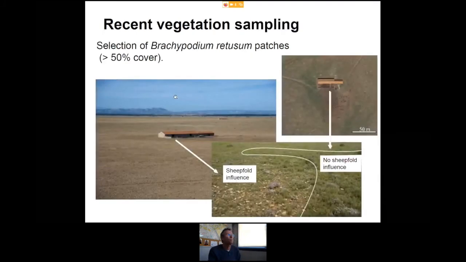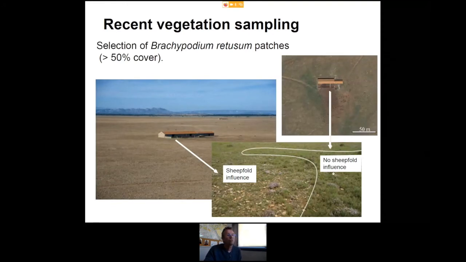And nevertheless, to reduce all these limits, we also decided to use what we already know about the vegetation, even if you don't have a precise location of the former inventories. We know that there is, as you remember, a strong impact of the presence of sheepfolds with a belt of nitrophilous vegetation.